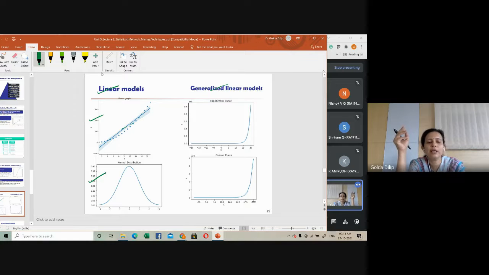In linear regression, the error distribution is normal, but unlike the linear model, in the case of a generalized linear model, the error distribution of the response variable need not be normally distributed. You can see a Poisson curve here. It can follow some sort of exponential distribution, a normal distribution, a binomial distribution, a Poisson distribution, or a gamma distribution.